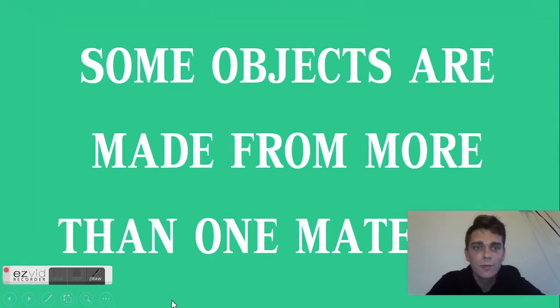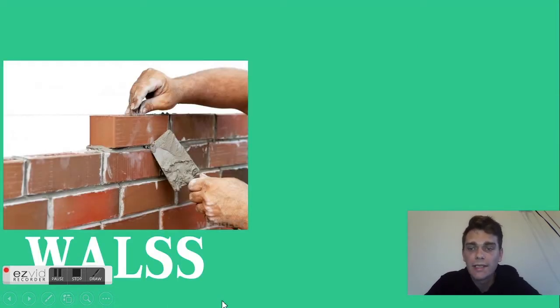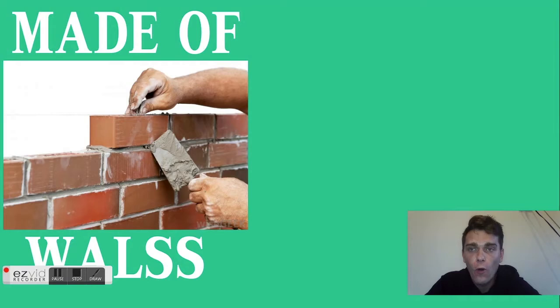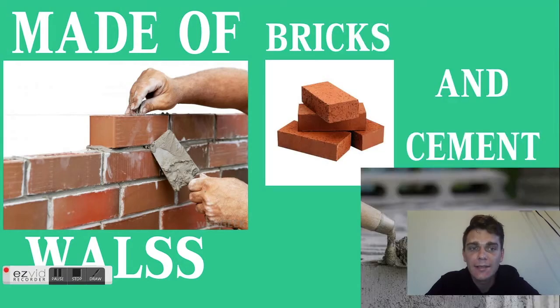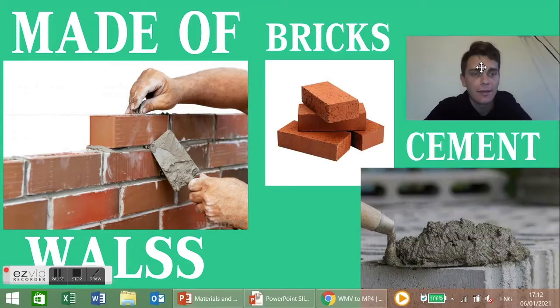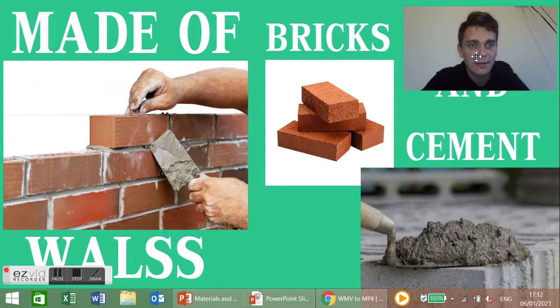Alright. Some objects are made from more than one material. Okay? What is it? It's walls. Repeat after me. Walls. Walls are made of bricks and cement. Okay? It's not mud, it's cement.